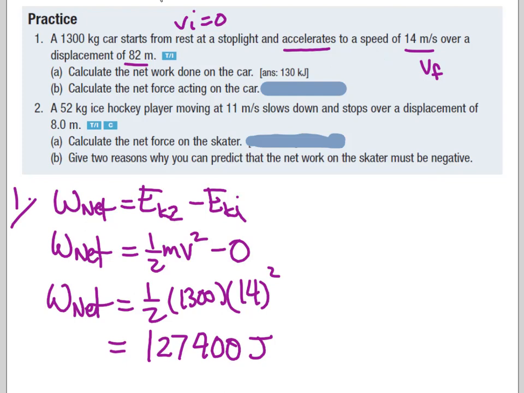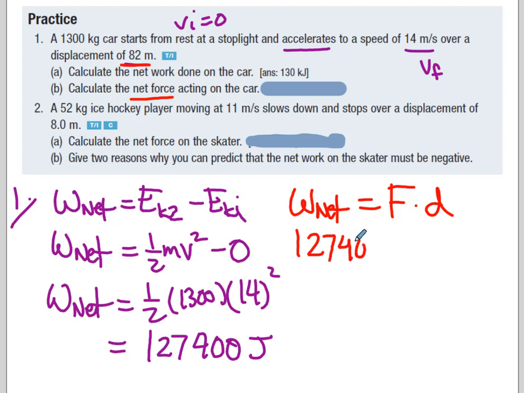Calculate the net force. The other thing that jumped out at me is they gave me a distance. So if I know the net work done, I can replace it with force times displacement. I know this is 127,400. They probably used 130. Don't panic, it's not a big deal. I don't know the force, and I know the displacement is 82 meters.